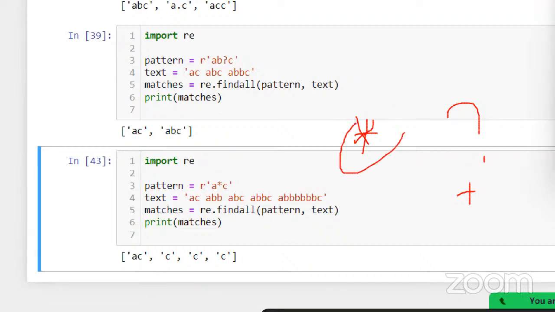How do you differentiate the star from these two? Analyze the answer. How is it different? Is it looking for anything between A and C?